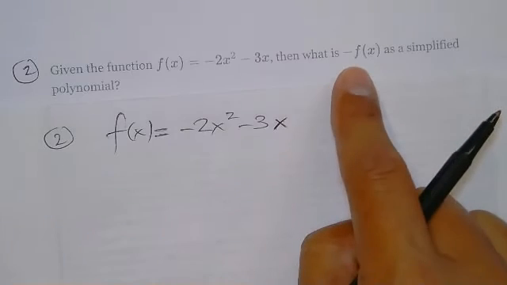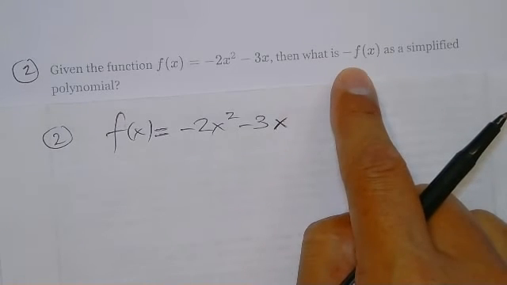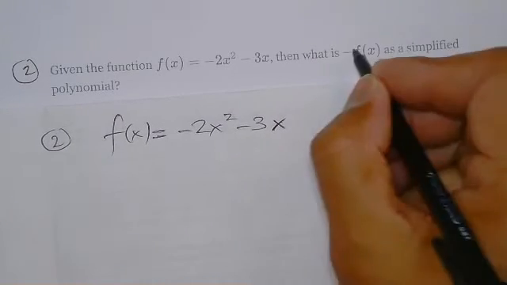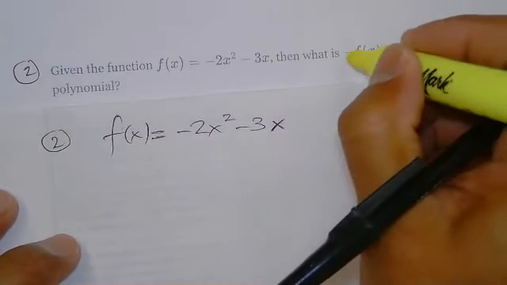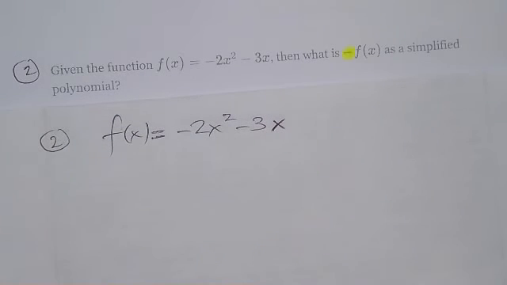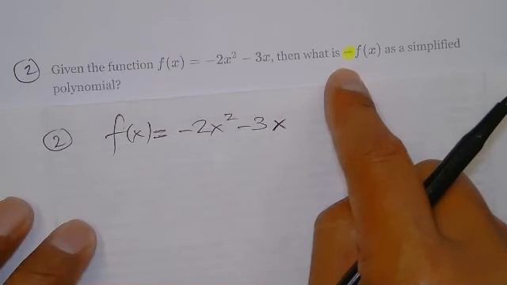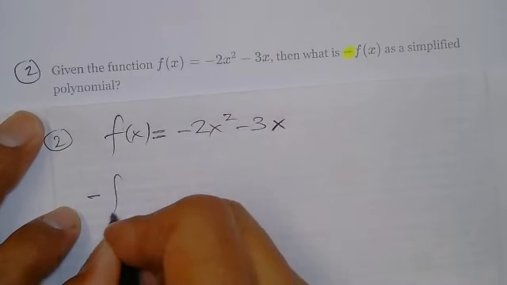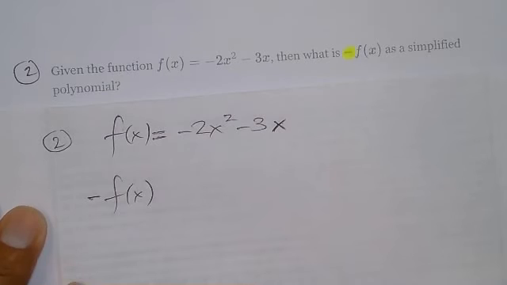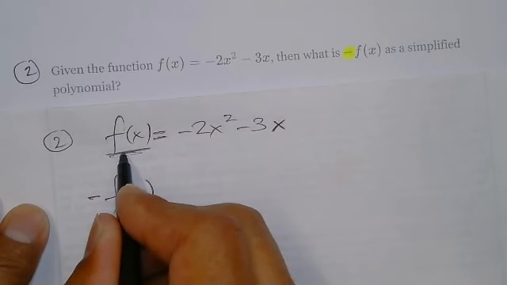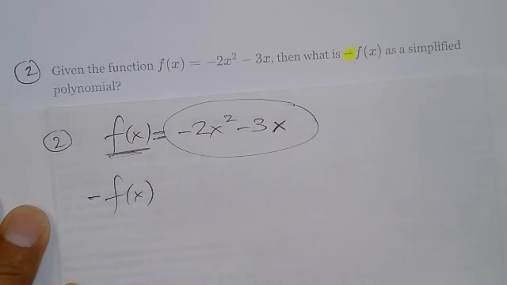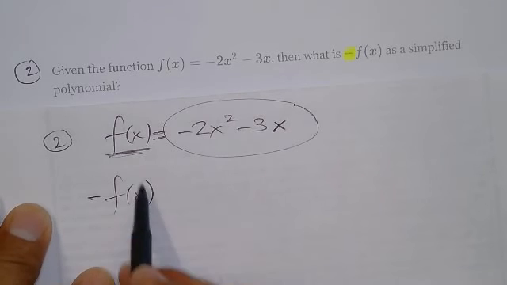But here, where's the negative? It's outside the function, right? It's outside. You guys see it right here? It's on the outside. Does anybody know what that means? Yeah. So pretty much, that means that to find negative f of x, it's just like saying now everywhere you see f of x, you substitute this.